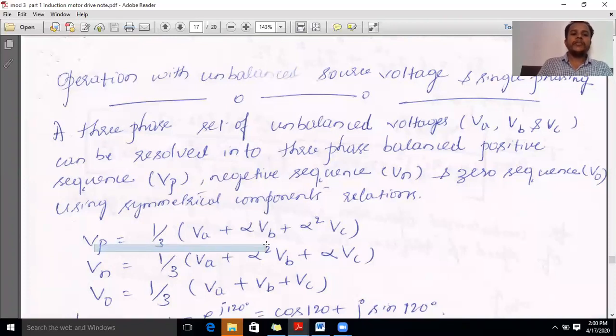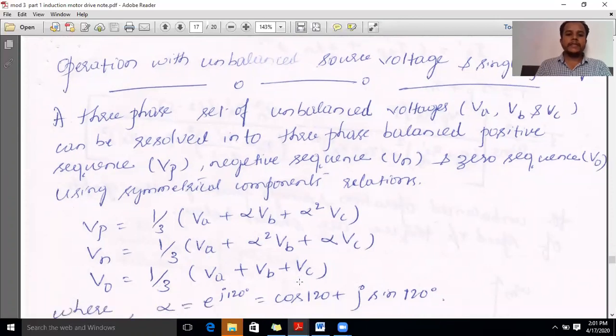V_p is equal to 1/3 (V_a plus alpha V_b plus alpha squared V_c). Then V_n is 1/3 (V_a plus alpha squared V_b plus alpha V_c). And the zero sequence is 1/3 (V_a plus V_b plus V_c).